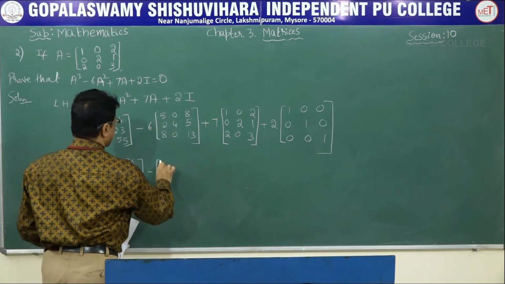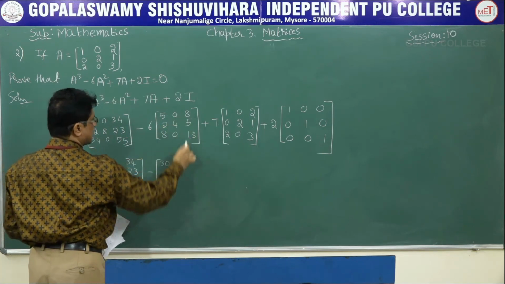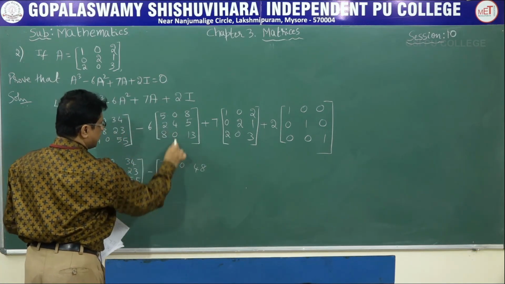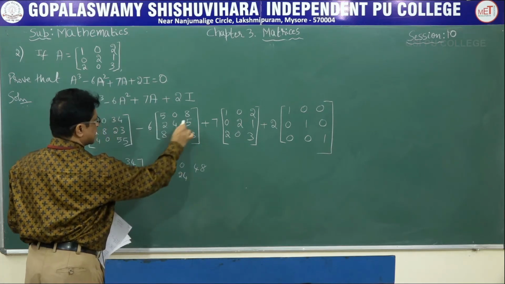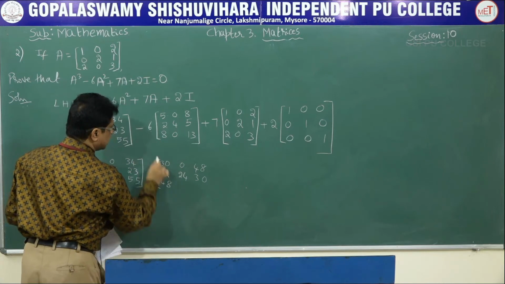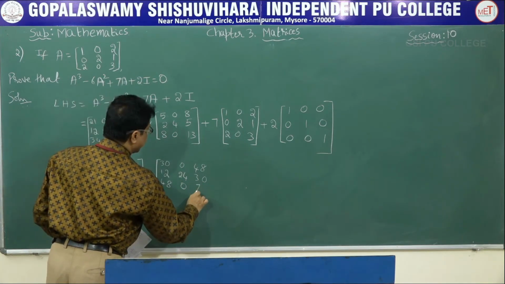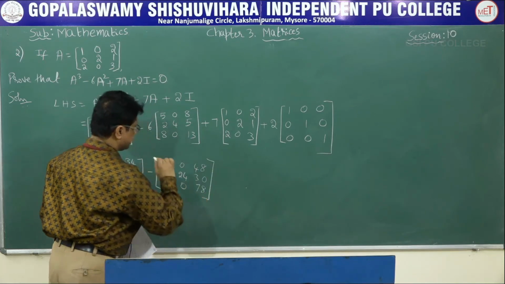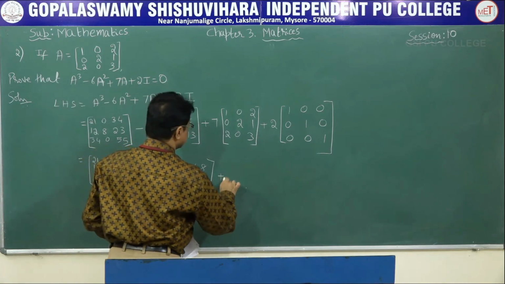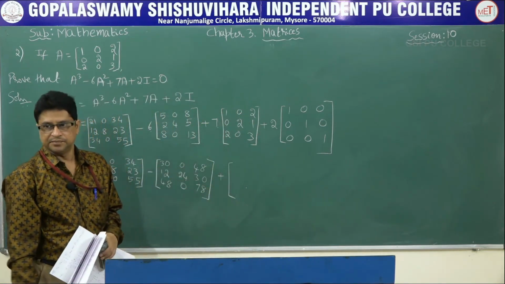So 6 5s are 30, 6 into 0, 0, 6 8s are 48, 6 2s are 12, 6 4s are 24, 6 5s are 30, 6 8s are 48, 6 into 0, 0, 6 into 13, 78, plus, we multiply the whole matrix by 7.